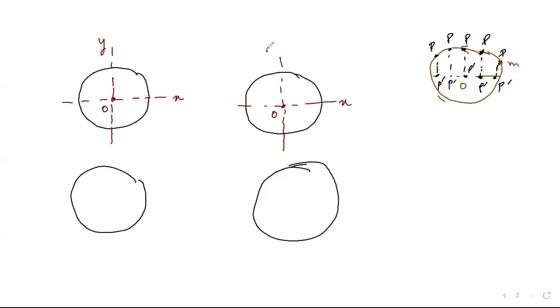This is x-axis, this is y-axis. Then I have another figure. This is x-axis, this is y-axis. Now another figure.